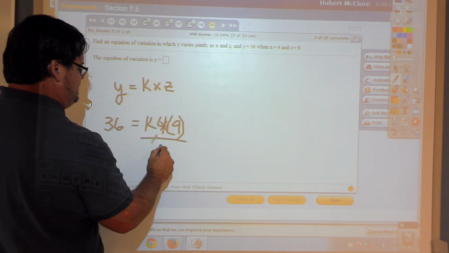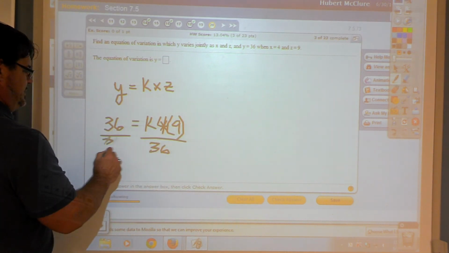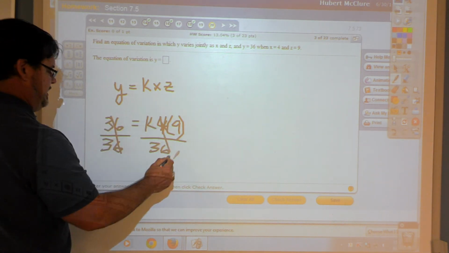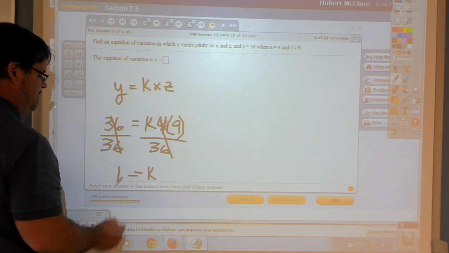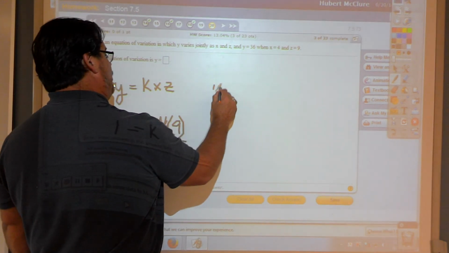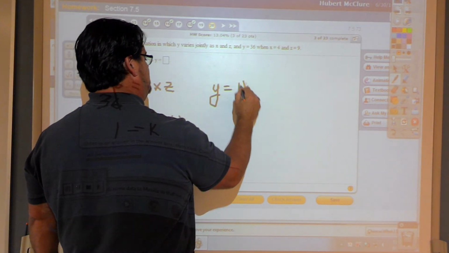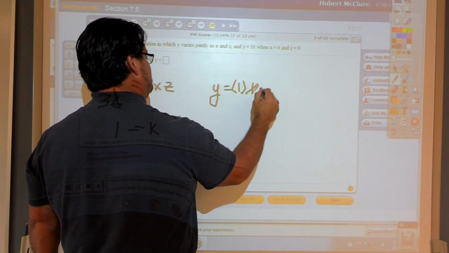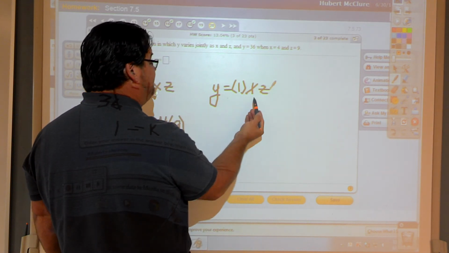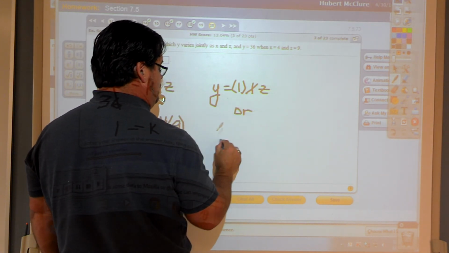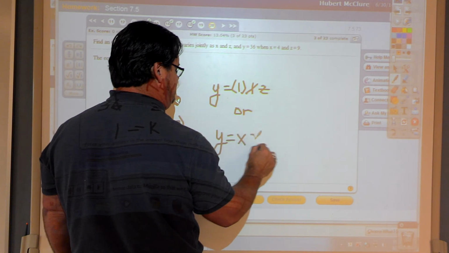Basically, you get 36 on both sides. And what do you get? K is equal to what? 1. So you plug it back in. Y is equal to 1 times x times z. Now you don't have to put the 1. You could say y is equal to xz.